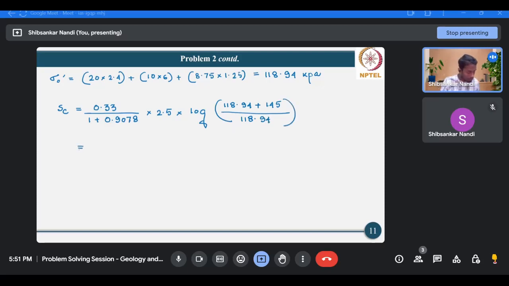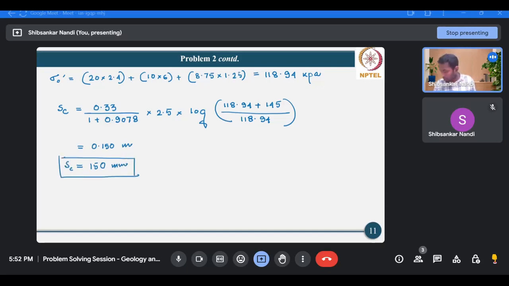So it's 0.150 meter, that is 150 mm. So this is the answer.